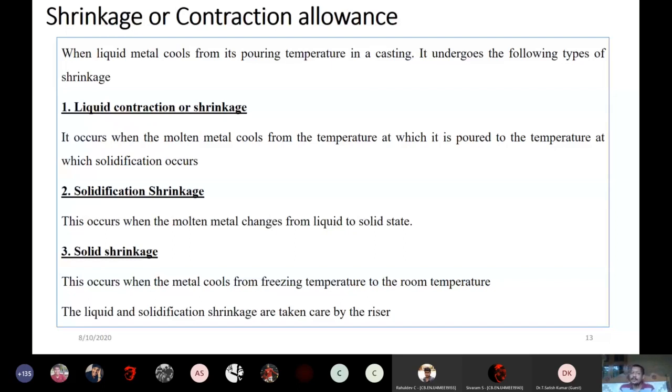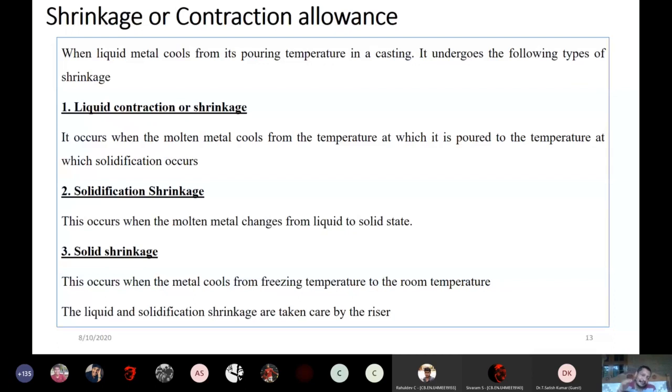You will study a diagram called the time-temperature diagram, or cooling curve, in material science in chapter number 3. There you can see that when a molten metal starts to solidify, it starts at some temperature.